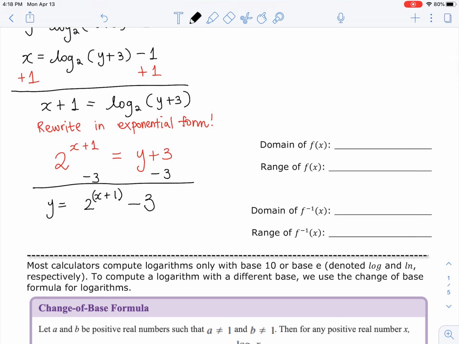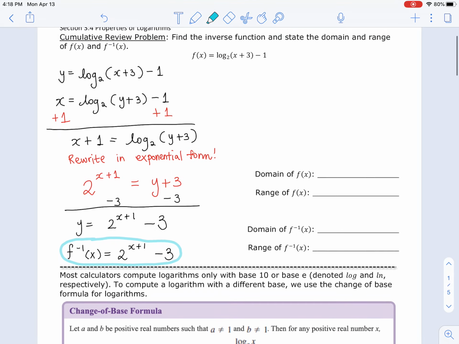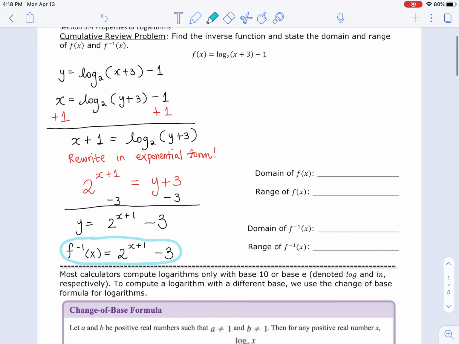It's not part of the exponent. So let's give that fancy inverse notation. f inverse of x equals 2 to the x plus 1 power, but it's going to have a vertical shift of 3. So we found the inverse function. I want you to highlight or circle that so that I can check your answer, but make sure you show the work to get there.